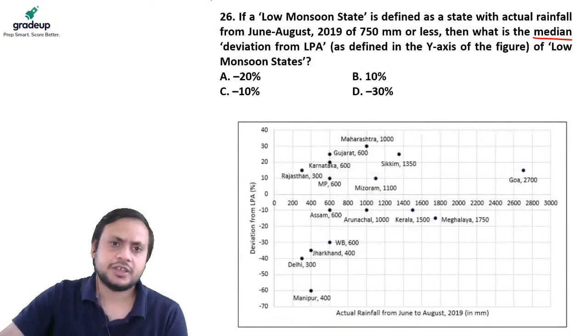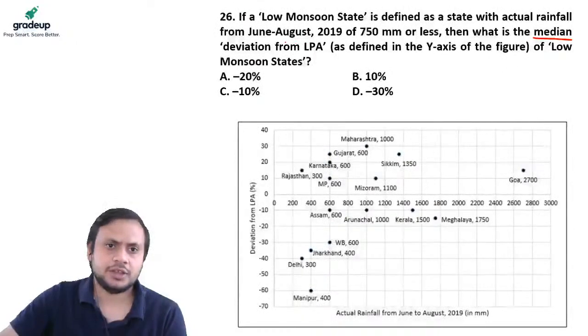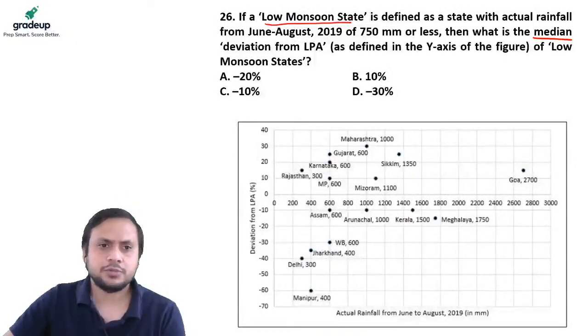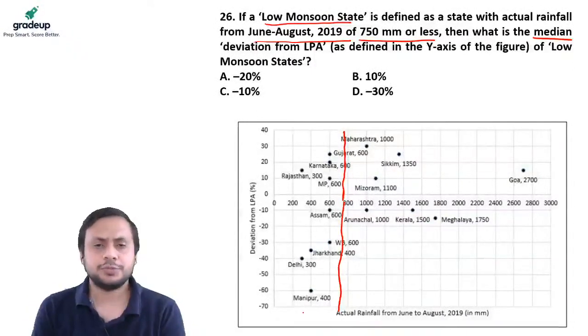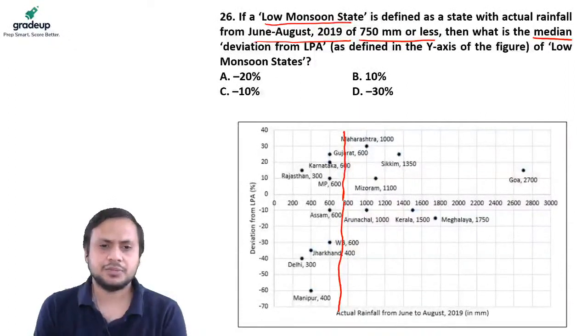So first of all, low monsoon states are those where the actual rainfall from June to August 2019 is 750 mm or less. That is to the left side of this line, of all those points that lie to the left side of this line.